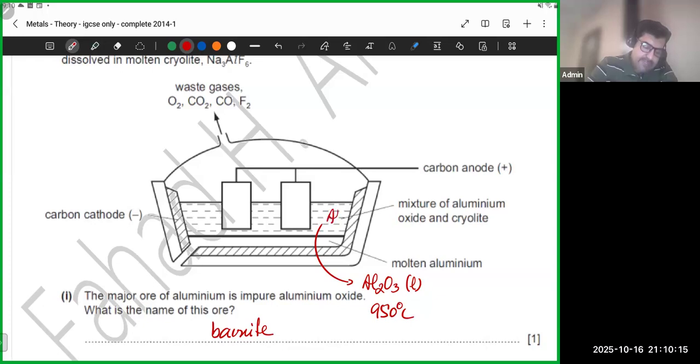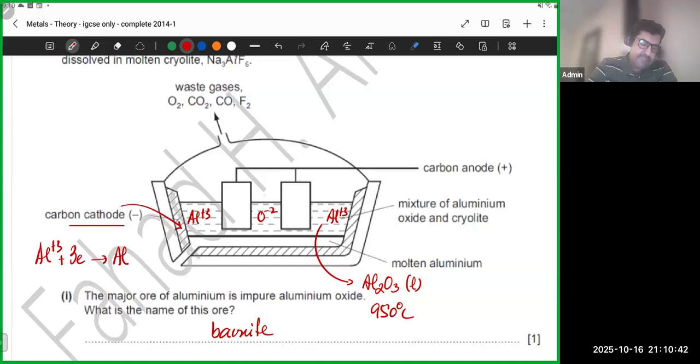So there's going to be aluminium ions, Al3+ ions, and oxygen O2- ions. Because there's this cathode, which is the container supplying electrons, the aluminium ions are going to get reduced. They get attracted to the negative cathode, gain electrons, and turn into aluminium.